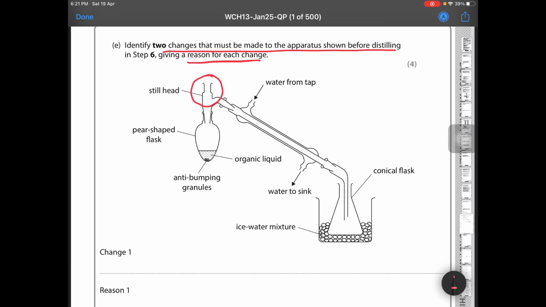Look for another error. If you see clearly, look at the condenser. The condenser is having a reverse flow. The water should go from this side and it should exit from this side. So what change can you do? You can just reverse the water flow.